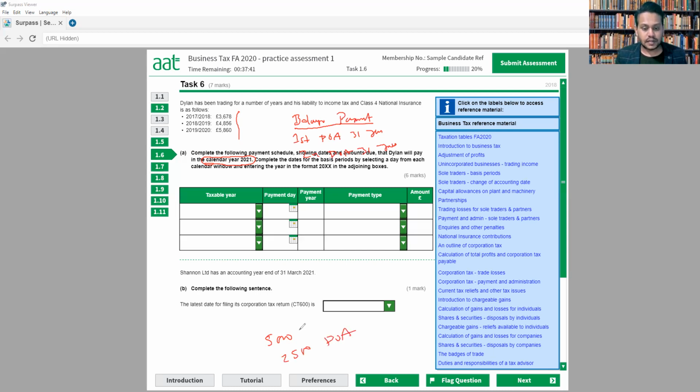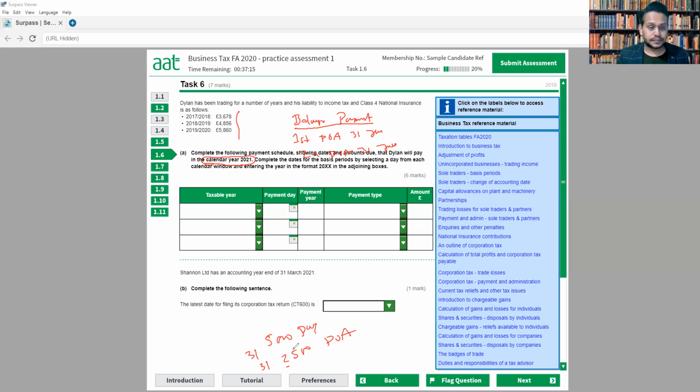So I'll pay this 5,000, and also another 2,500 at the same time, 31st of January. At the same time, I will pay half of the liability for this year in advance for the next year. And this is called payment on account. So I pay this year in full, and half of the tax liability I pay in advance.